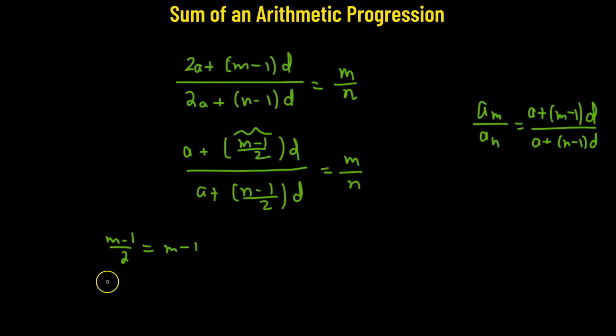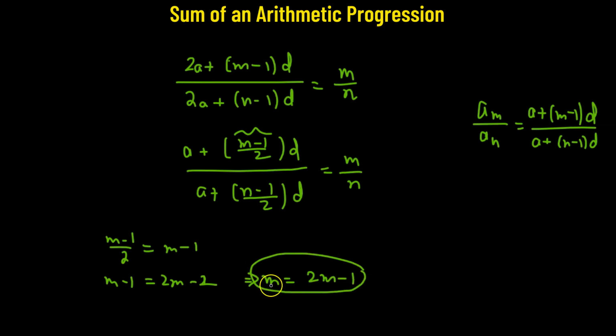This is going to give us m minus 1 equals 2m minus 2. Now if we transpose this negative 1 to the right hand side and combine it with negative 2, then m becomes 2m minus 1. So this is what we actually replace. We replace the m value with 2m minus 1, and similarly if we take n minus 1 over 2 as equivalent to n minus 2, we will get n equals 2n minus 1.